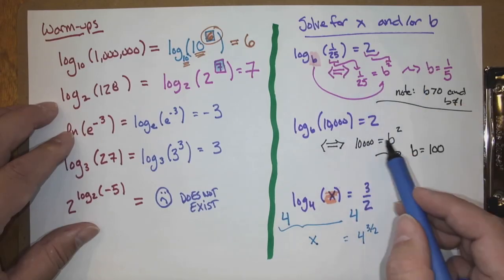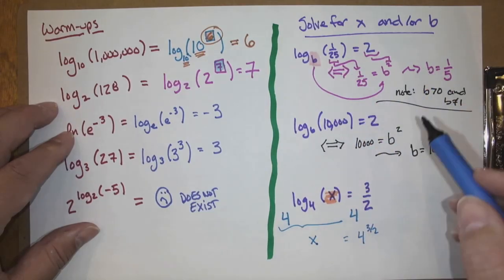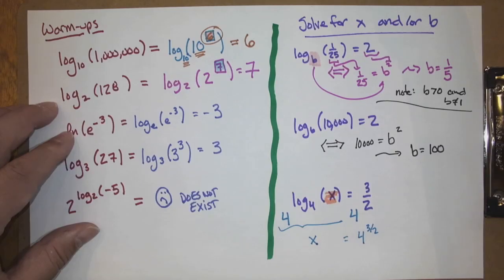This is the same thing we've been doing up here, just in a slightly different mindset. 4 to the 3/2, you can think of this as 4 to the 1/2 cubed. And I like to think of it as you're doing two things. You're making something smaller, that's the 1/2. You're making something bigger, that's the cube.